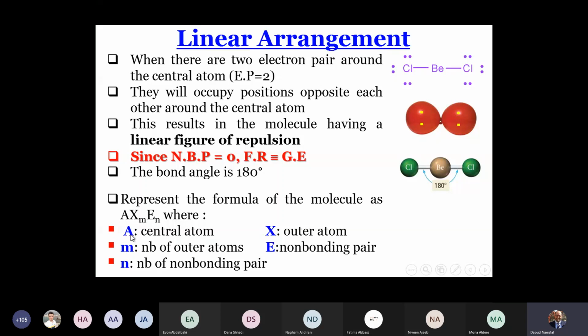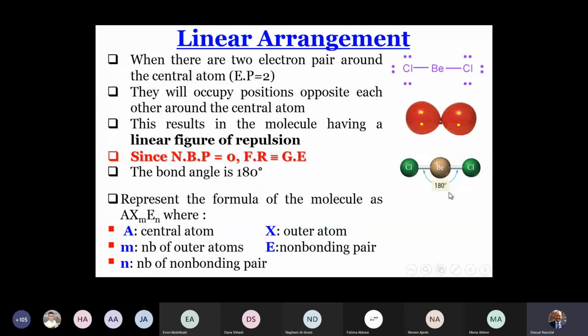What is A? A is the central atom. X is the outer atom. m is the number of outer atoms. E is the non-bonding pair. n is the number of non-bonding pairs.